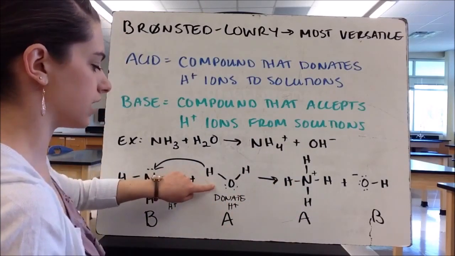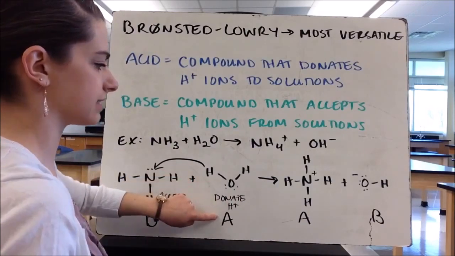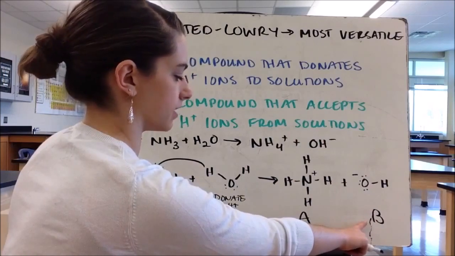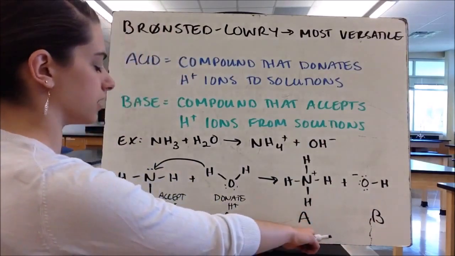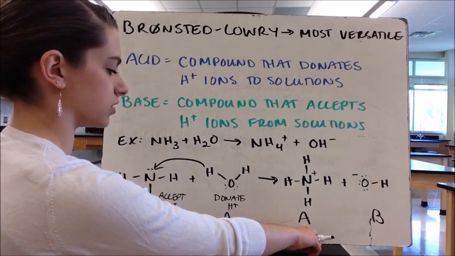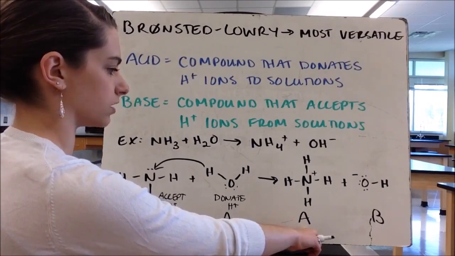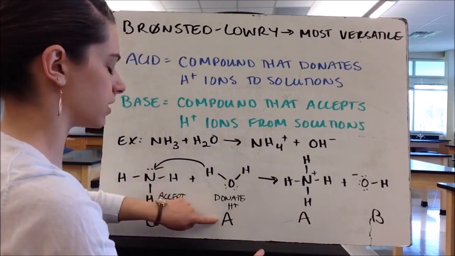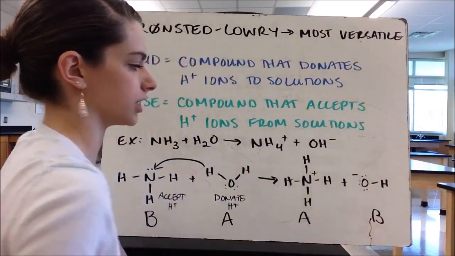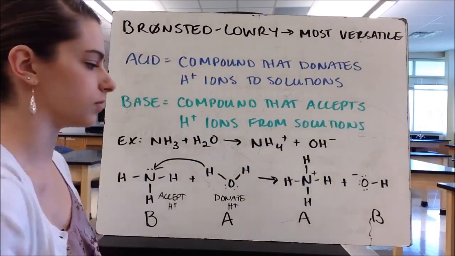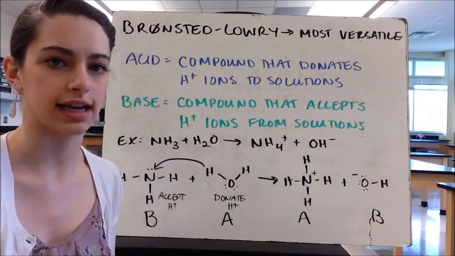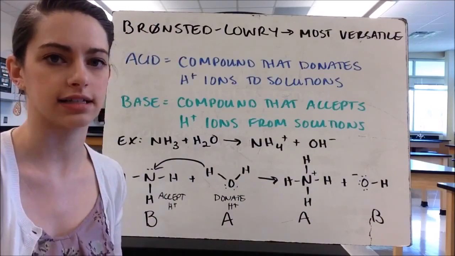Whereas our water donated the hydrogen, so it acted as an acid at the beginning, and it ends with a compound that's going to act as a base. So they go in pairs. What starts as a base then turns into an acid, and that is called its conjugate acid. What originally acted as an acid forms what's called the conjugate base. So in this solution, we have two compounds acting as acids and two compounds that can act as bases.